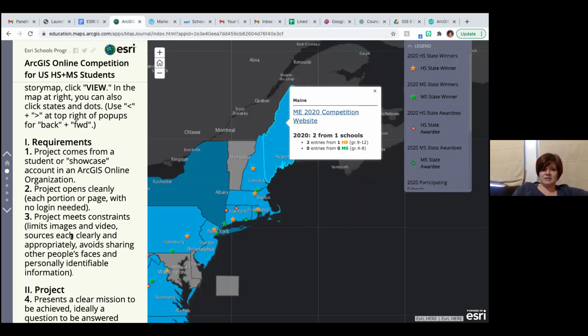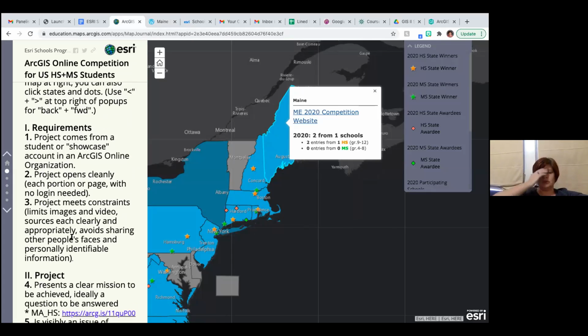So the requirements: project comes from a student or showcase account in ArcGIS online organization. So it needs to come from your school's organization account. Like I said, if you don't have one, sign up for one, they're free. The project needs to open cleanly. So when they click it, it needs to open and everything needs to be able to be displayed.